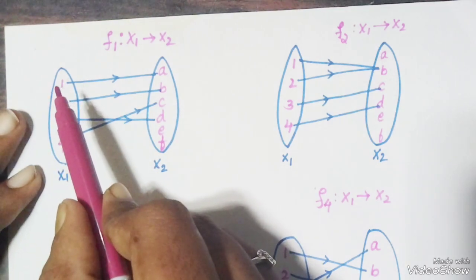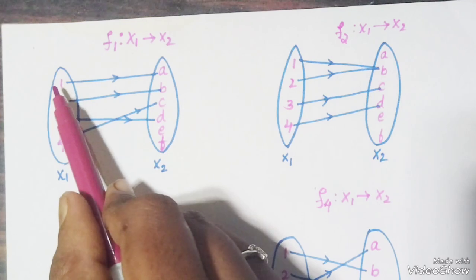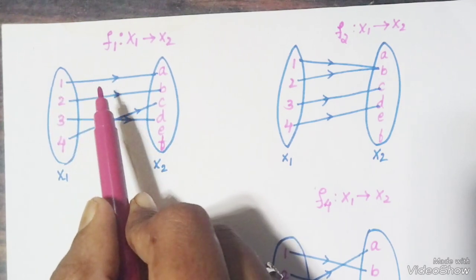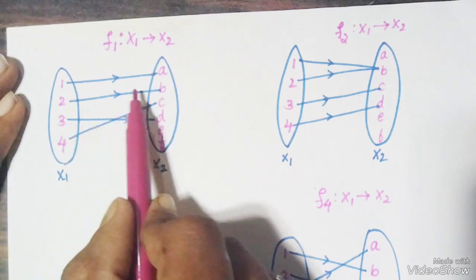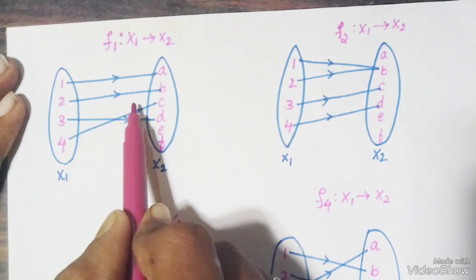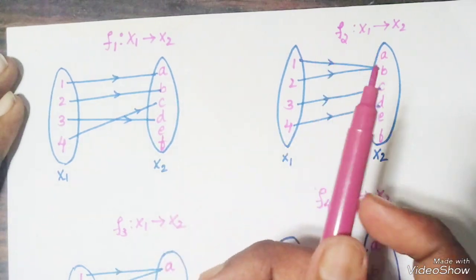By the definition of one-one function, every distinct element has a distinct image. 1 is related with a, 2 is related with b, 3 is related with d and 4 is related with c.